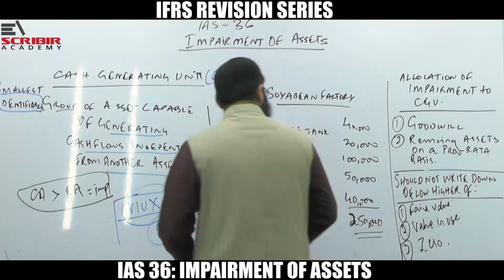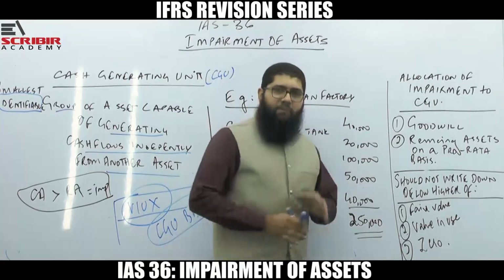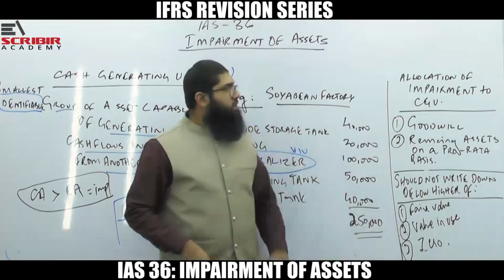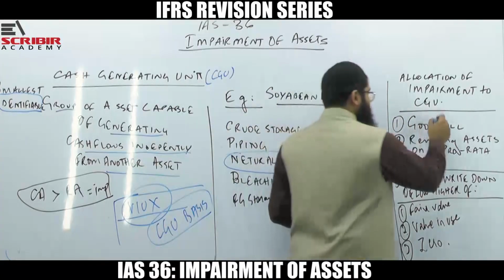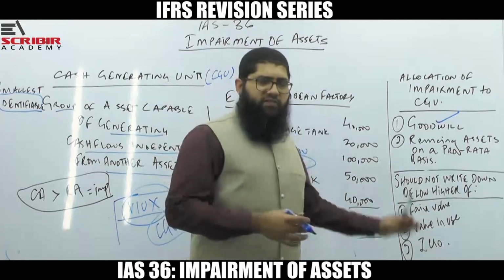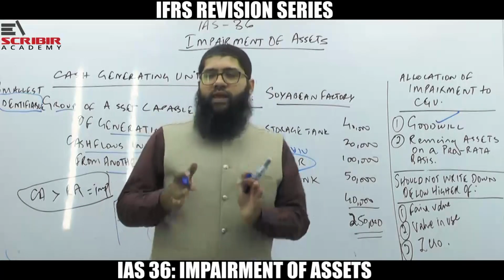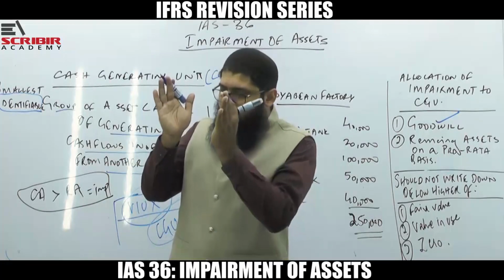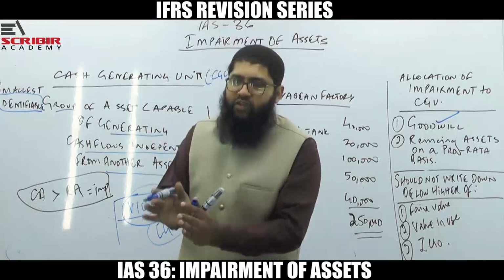Now what are you going to do? Whatever the impairment loss that would arise, the first thing that you have to do is to allocate that impairment loss to the goodwill in that CGU. So there is no goodwill mentioned here, but there could be a subsidiary which you are testing for impairment. There could be some CGU of a subsidiary that you are testing for impairment.